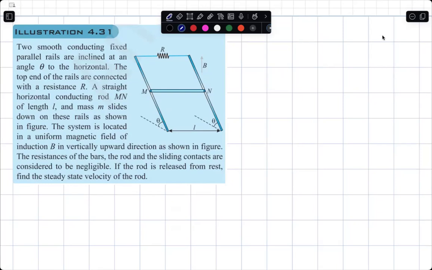Smooth conducting fixed parallel rails are inclined at an angle theta to the horizontal. See, try to please understand. If I see the arrangement in this sense, the conductor seems to be like this.